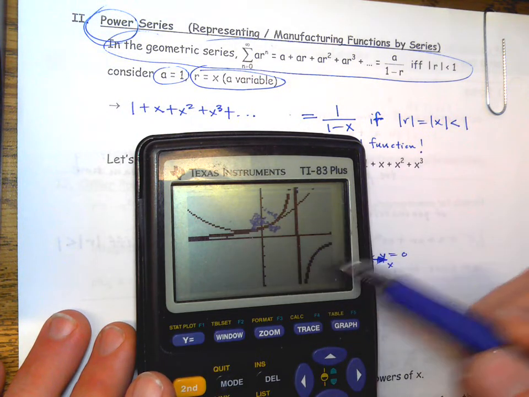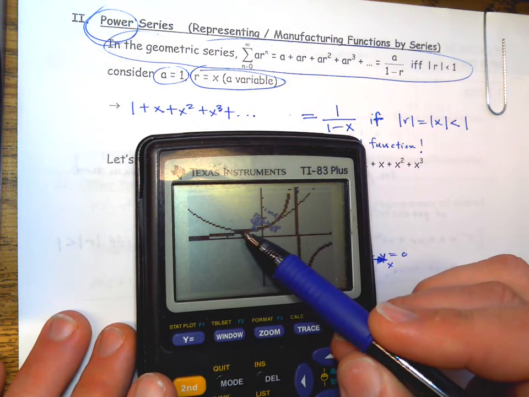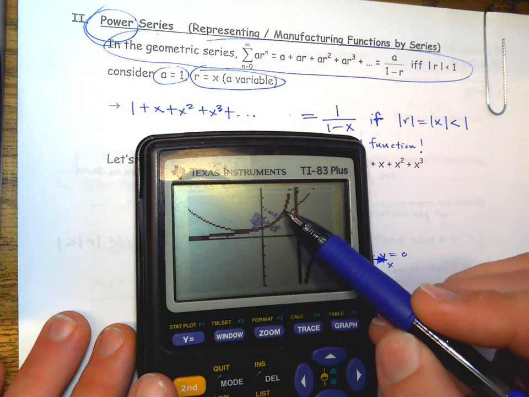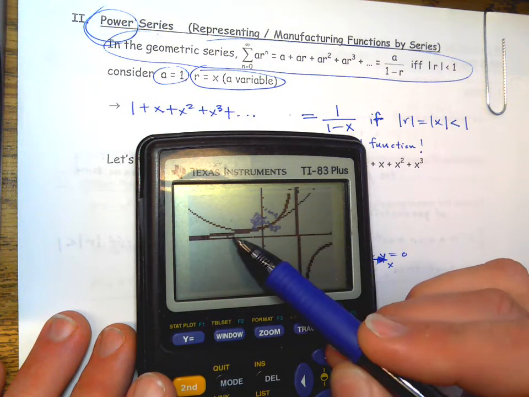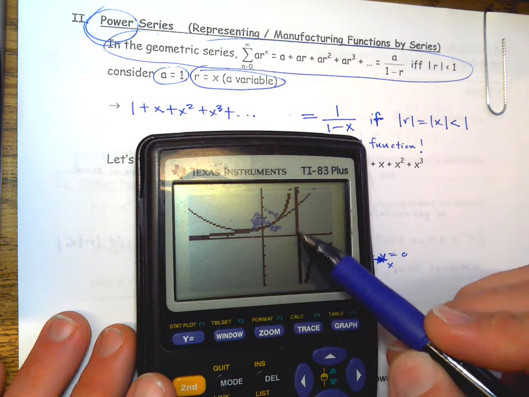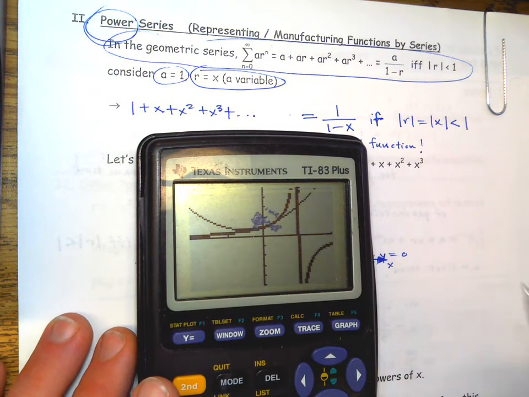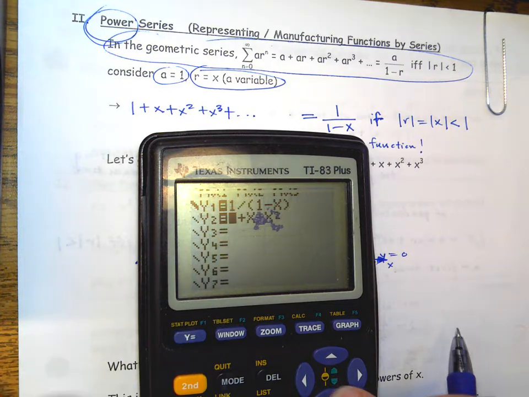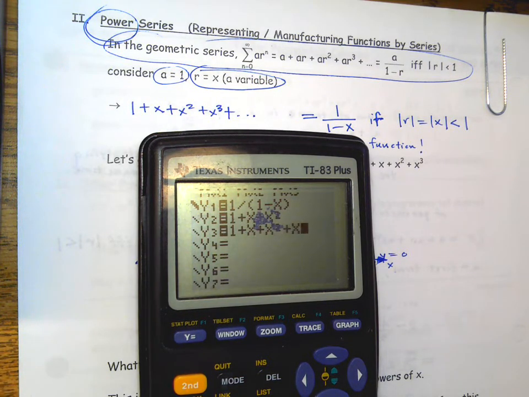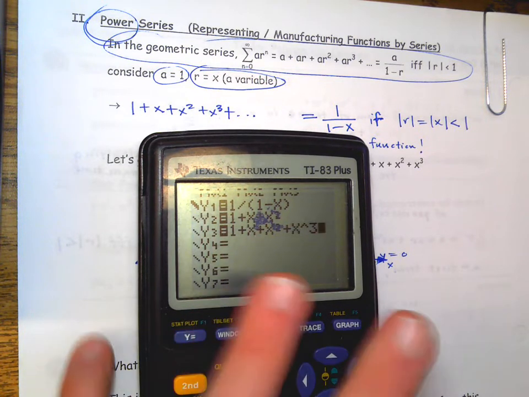It's not even close to this function, but it does get close to it around here, which, by the way, is when x is between -1 and 1. In the middle there, it seems the closest. Let's do the next one: 1 plus x plus x squared plus x cubed. So I'm going to put one more term on the partial sum.